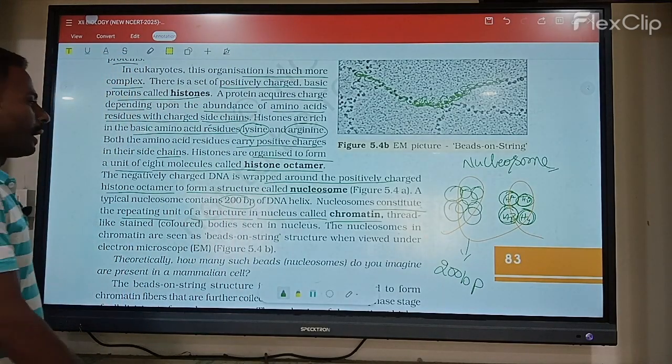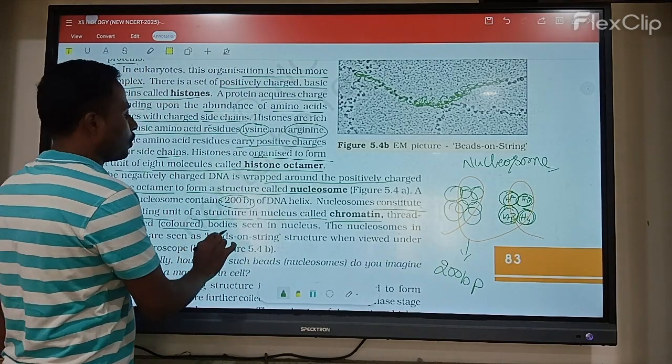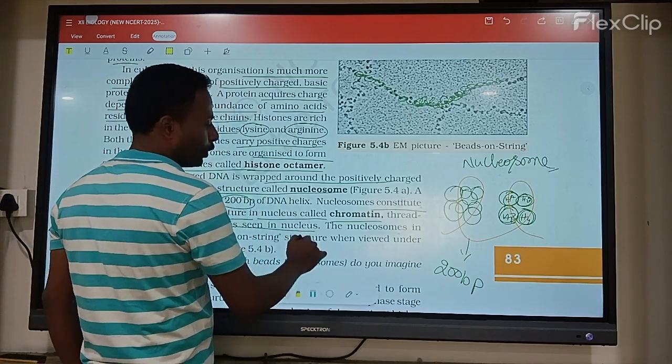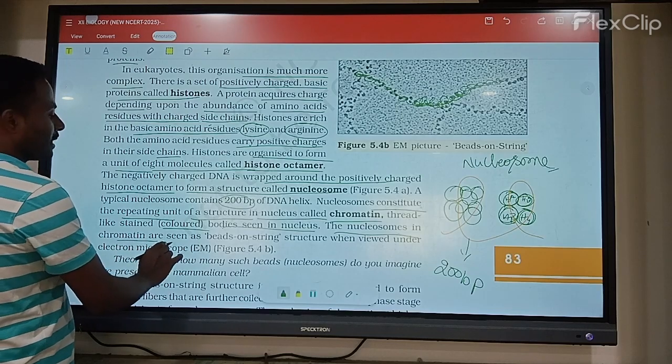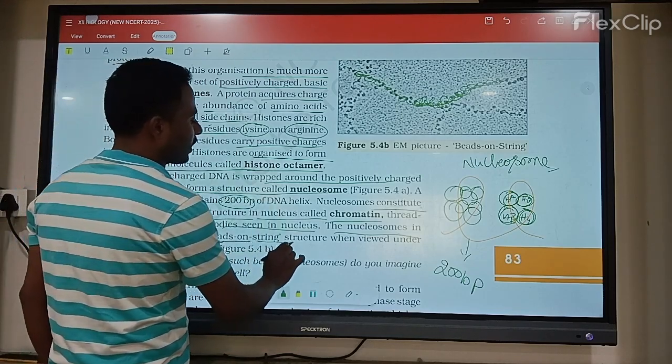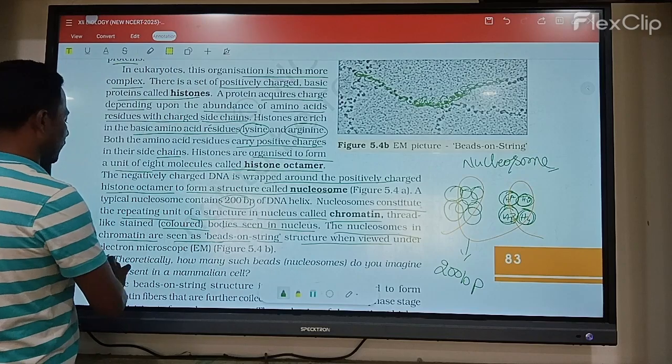Chromatin. Okay, this thread-like structure is noticed in the nucleus, and the nucleosomes, the chromatin, are seen as beads on a string structure when we look under the electron microscope.